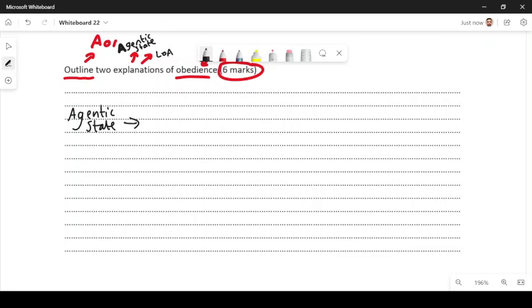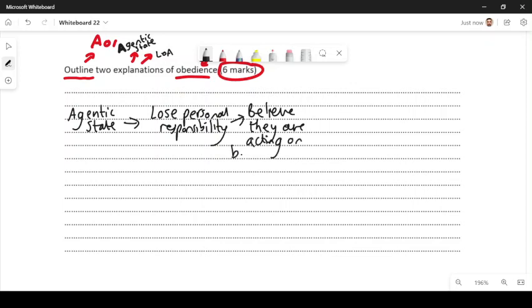So you may want to put in the phrase that they lose personal responsibility, they believe they are acting on behalf of an authority figure.